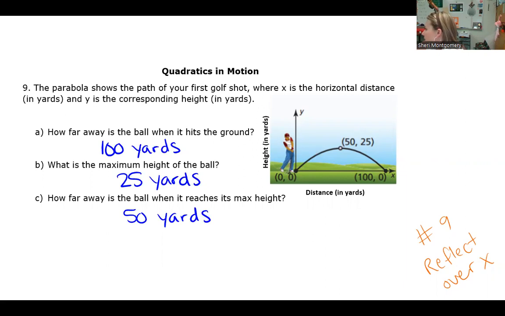Is this what you guys got for your answers? It was pretty easy, right? The word problems for these are all pretty easy. So now you have 30 minutes, maybe a little less than 30 minutes, to get started on your assignment.